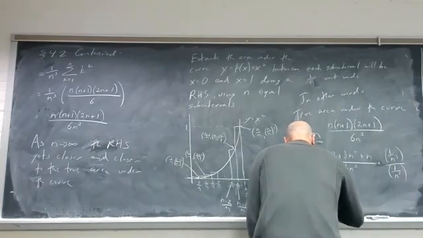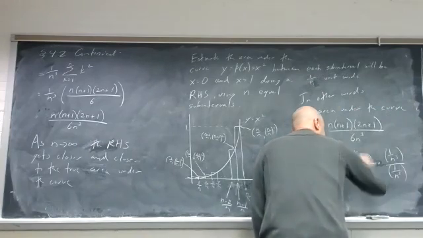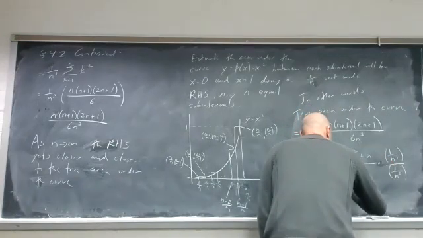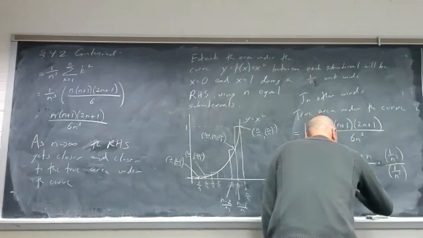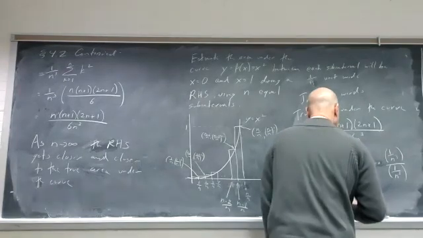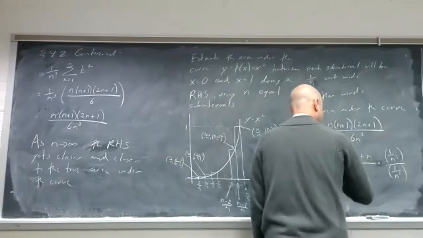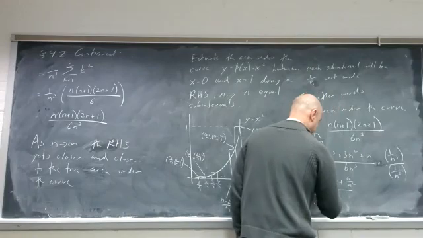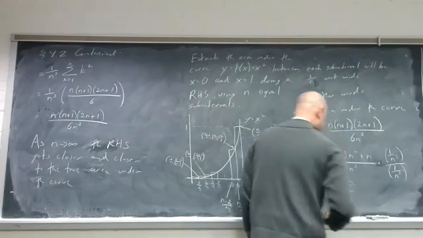Limit as n goes to infinity, 1 plus 3 over n plus 6 over n squared, all over, sorry, this should be 2n cubed, not n cubed. That should be a 2n cubed, so that's a 2. All over 6.